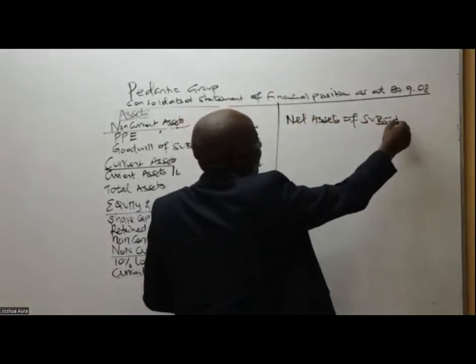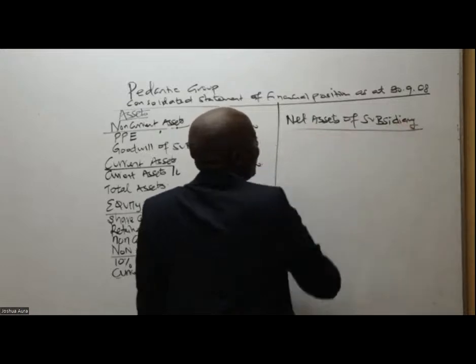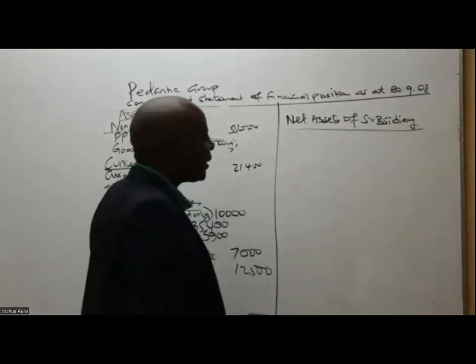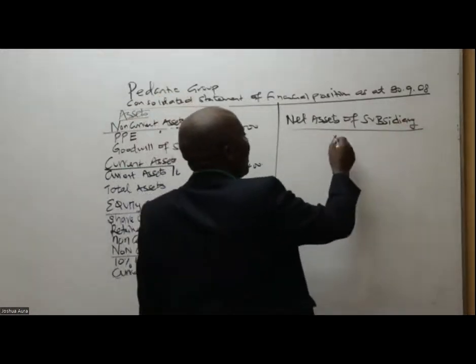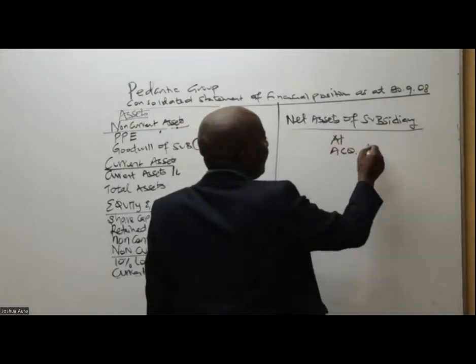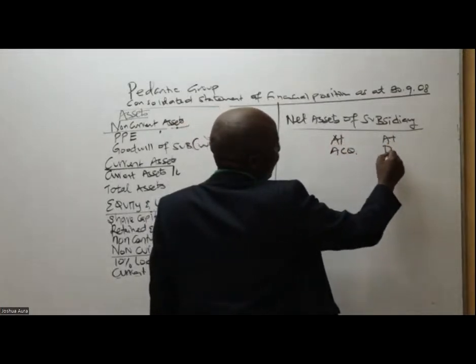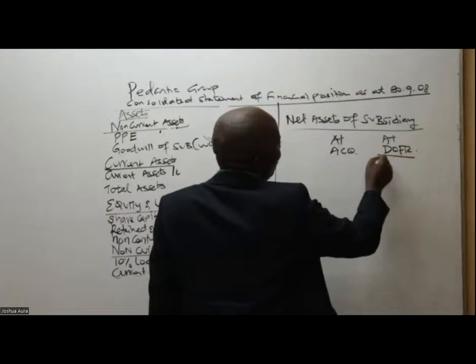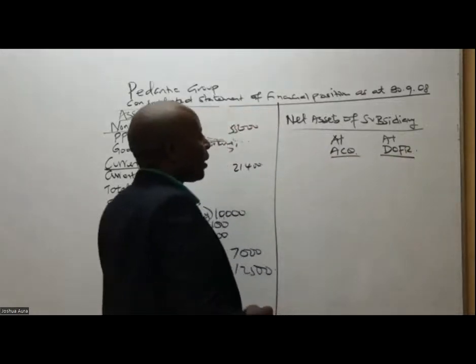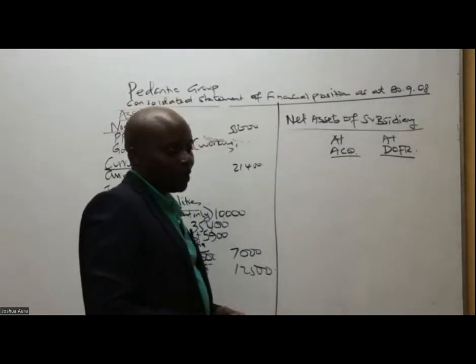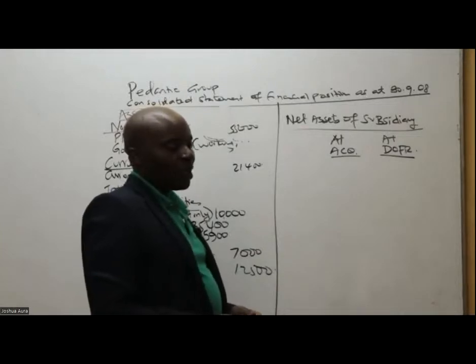Write it like that. Net assets of the subsidiary, at acquisition and at reporting, or at the date of financial report.